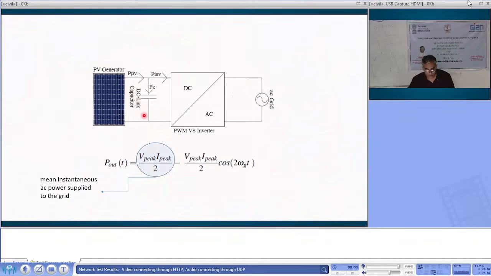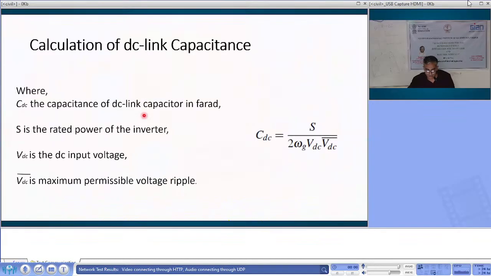So this is the main instantaneous AC power supplied to the grid, and this is the time varying oscillation of the AC power that is produced through the capacitance. As we derive, the value of the DC link capacitance is S upon 2 omega times V_DC times the ripple voltage.